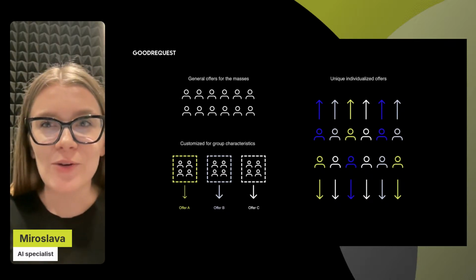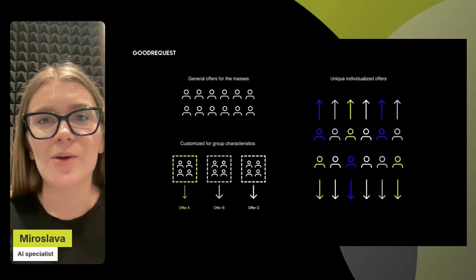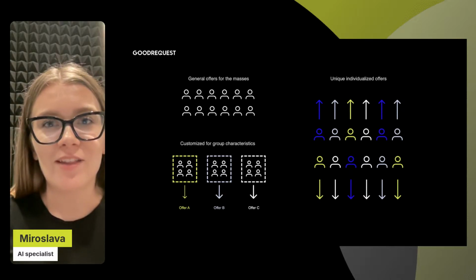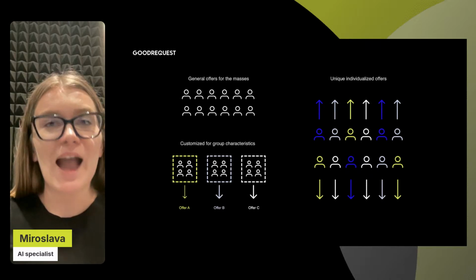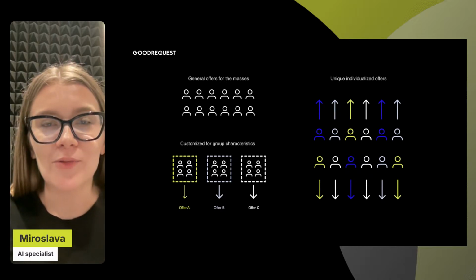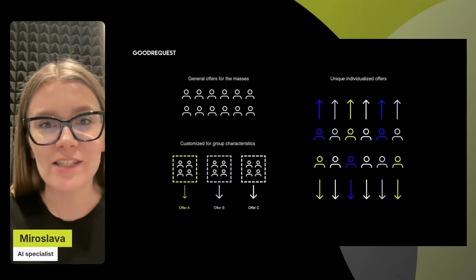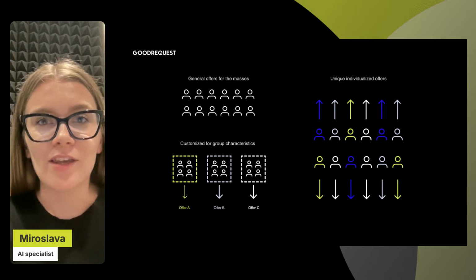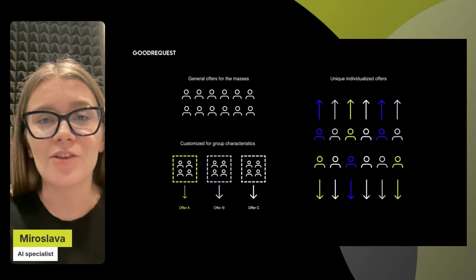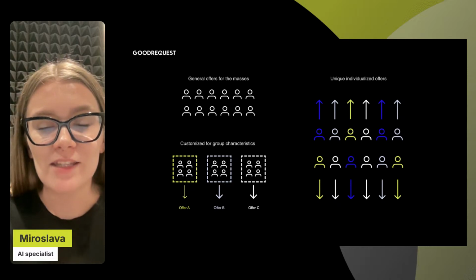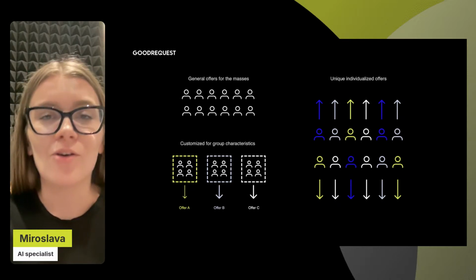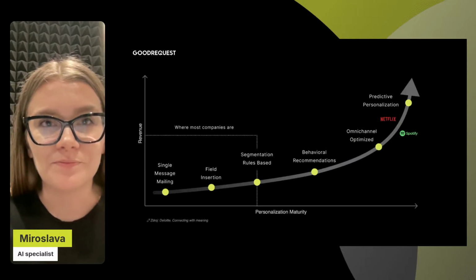And when I asked you about your experience with a product or service that felt like it was thinking for you, I believe you were thinking about products and services that offer an experience tailored for you, or at least you have this feeling.